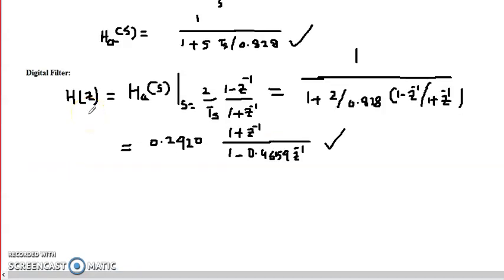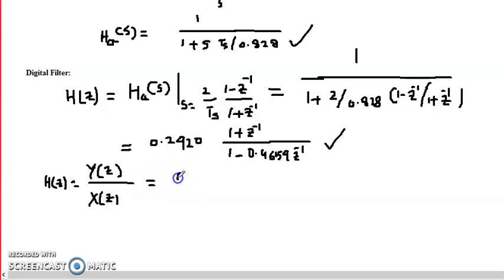Okay, we get this H(z). The next step will be to implement this digital filter. So what is H(z)? H(z) is Y(z), that is output, divided by X(z), that is input. Output divided by input.